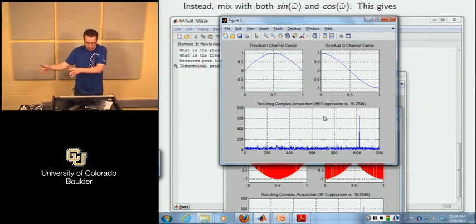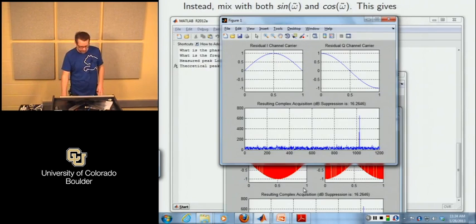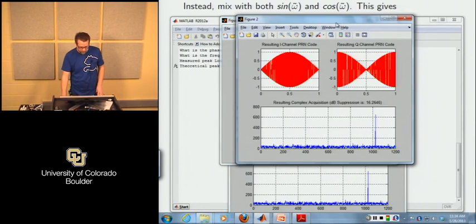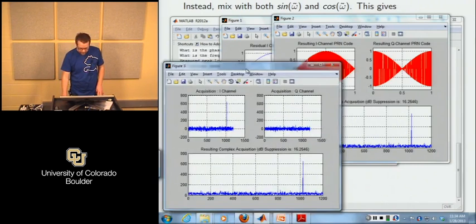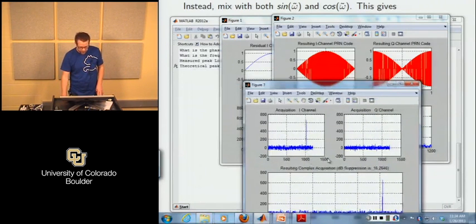If we look at the right one, we get 0 in there. But we still pick up enough energy in the left one. There's just a PRN code multiplied like that. And just like I hinted at, all the energy we get is in the first one. Does it make sense?